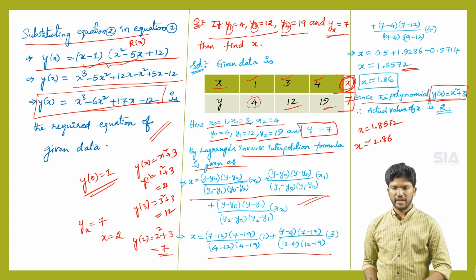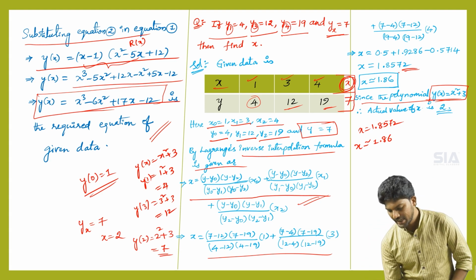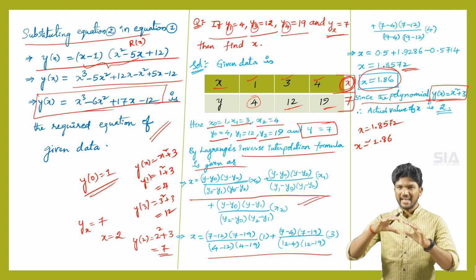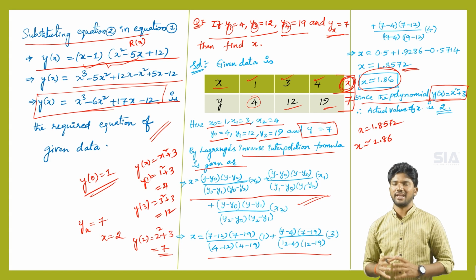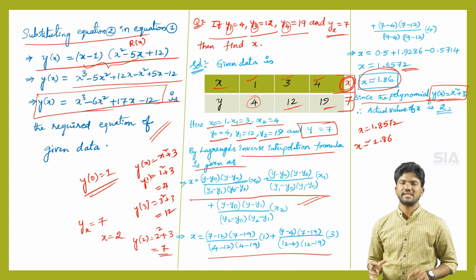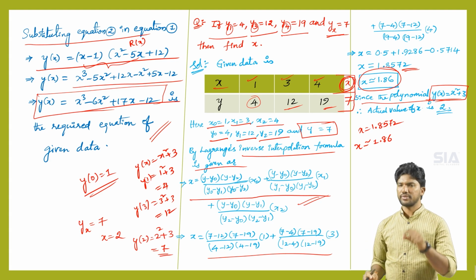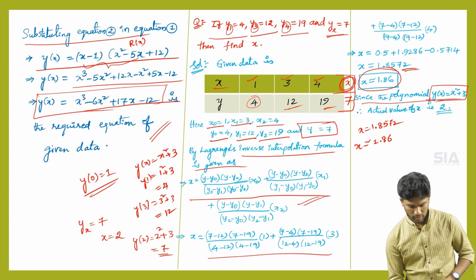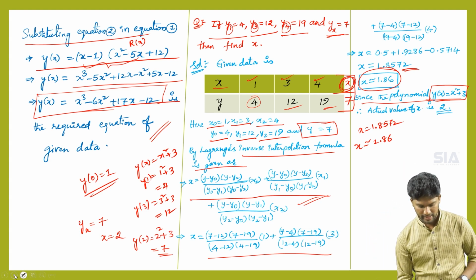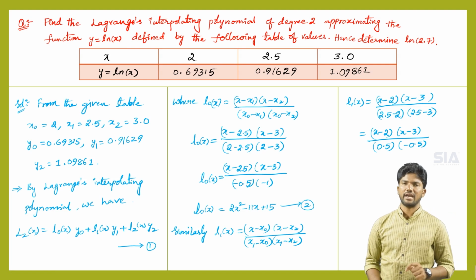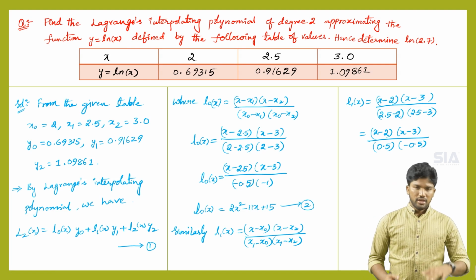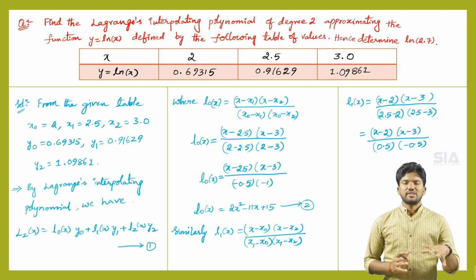That means by the inverse interpolation formula, we can get nearly approximate values of small x. That is, x is equal to 1.86, meaning x is approximately equal to 2. So whenever you substitute x is equal to 2 in the given equation, then you will get the value 7. That is the problem based on the inverse interpolation.